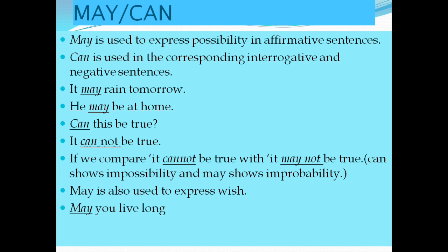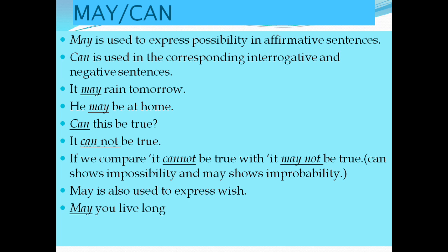And may shows improbability. It may not be true: there are some chances of it being true, but most of the chances are that it is not. May is also used to express a wish. May you live long. We ask for prayers. May God bless you.